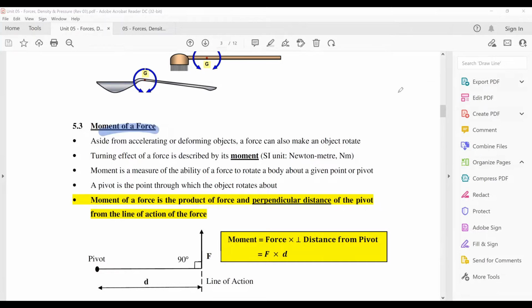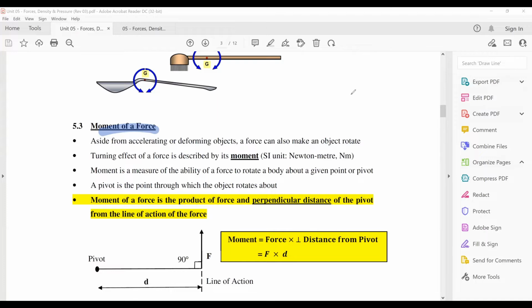Okay. Now, you know that before this, force can cause an object to move, it can cause an object to speed up, it can cause an object to slow down, and so on and so forth. You will also know that force can also deform an object. Force can also do something in the sense that it can make an object rotate.